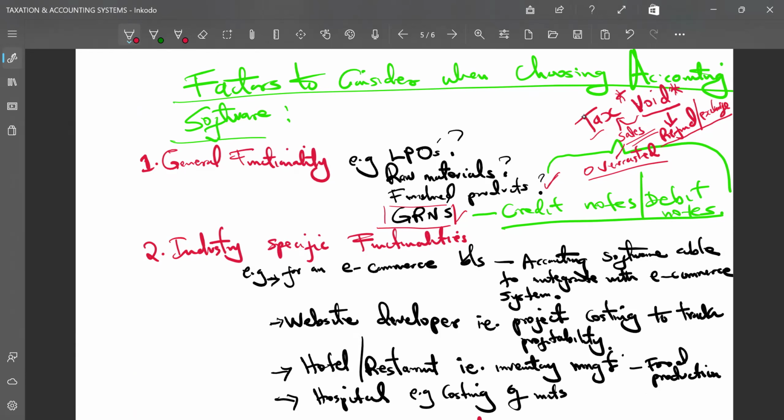Now, having mentioned the GRNs, and the returns in terms of sales returns and purchases returns, remember, the easiest way to understand the difference between a credit note and a debit note is that a debit note is issued before you make any payment, but a credit note is issued after payment.